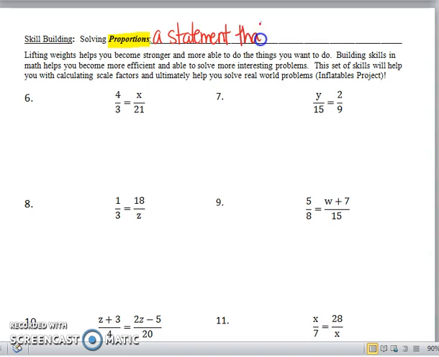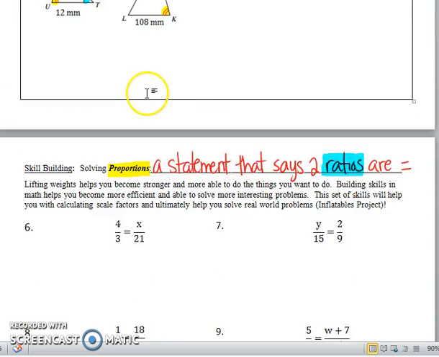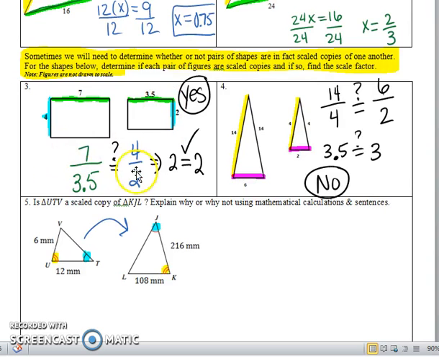that says two ratios are equal. And you might have seen proportions before, but the reason proportions are really important is because ratios are basically scale factors, because scale factors, as you saw on the page prior, are basically a ratio of two measurements.